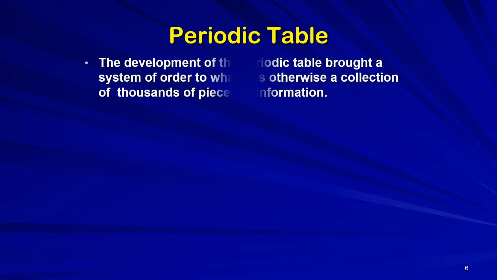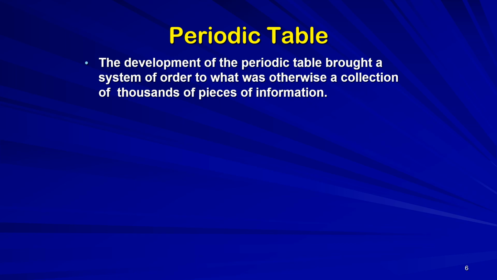Periodic table. The development of the periodic table brought a system of order to what was otherwise a collection of thousands of pieces of information. With a lot of chemical elements, so much information was scattered. The information did not have a coherent order.